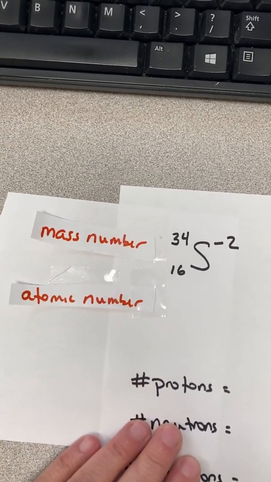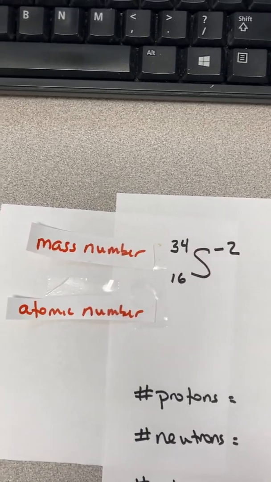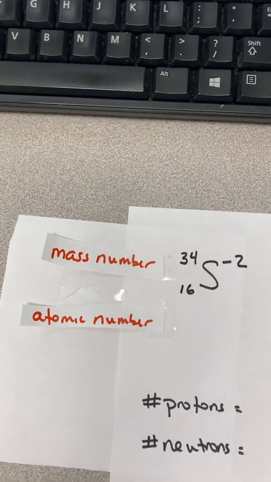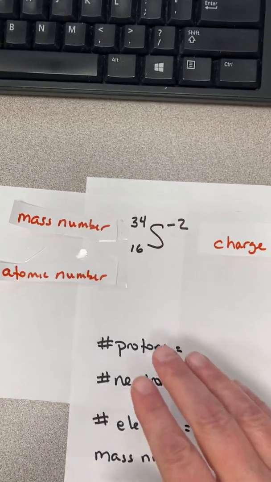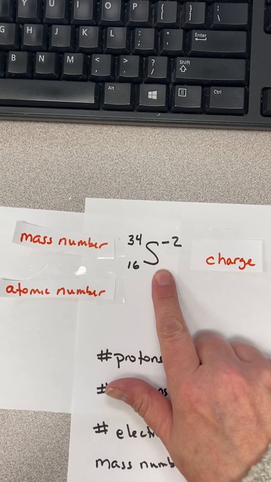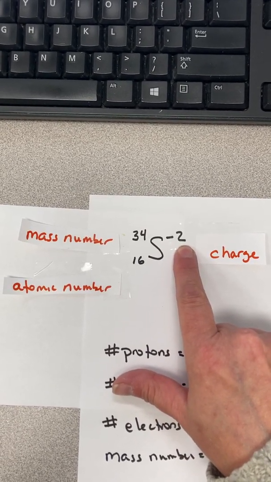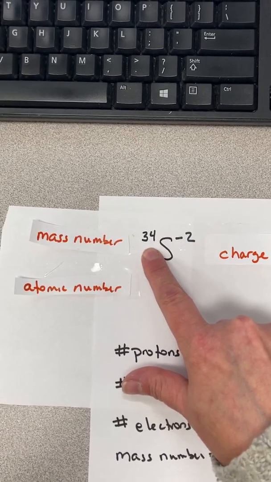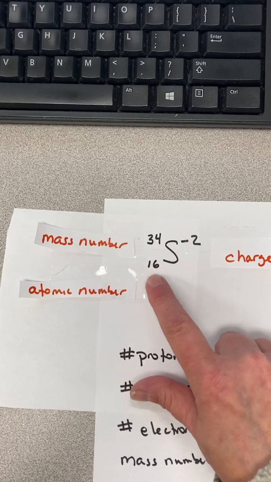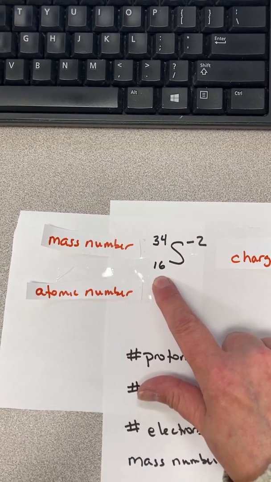And the number up here that says plus or minus, that is going to be the charge. Whenever you have this nuclide symbol, that number with the plus or the minus, always in the top right-hand corner, that's the charge. The number at the top is always a mass number. The bottom number is always the atomic number.